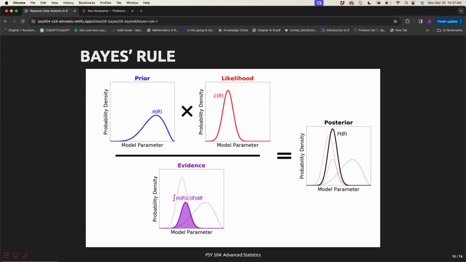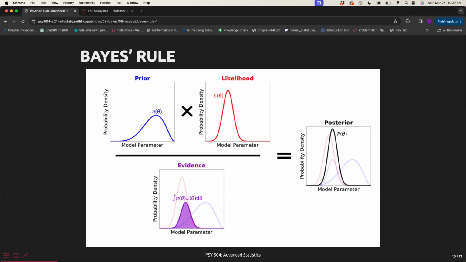Most times we can't directly compute this marginal likelihood. We can in very simple cases. If we're working with one parameter like theta, we can easily compute this. It's relatively simple to do so. But in complex models, we have hundreds of parameters, or we might even have thousands of parameters, and this becomes intractable. But the good thing is that this is usually a constant, right? A single number.